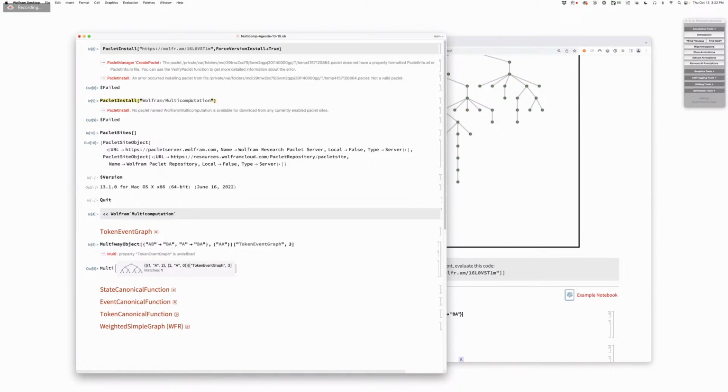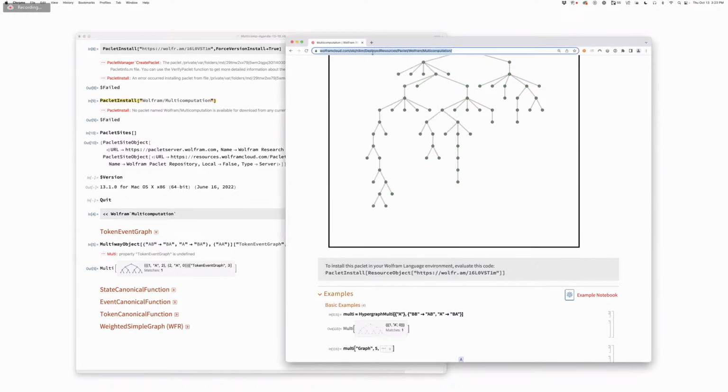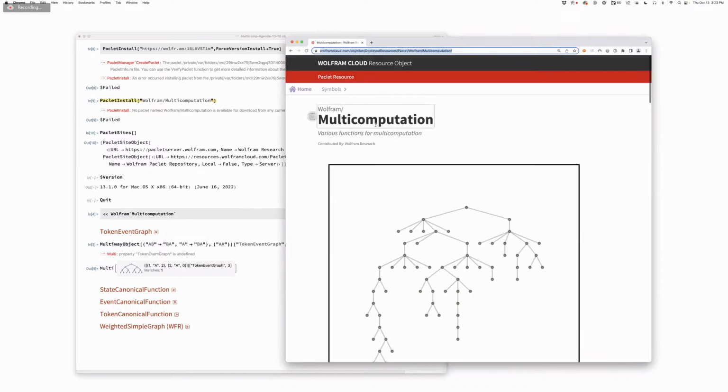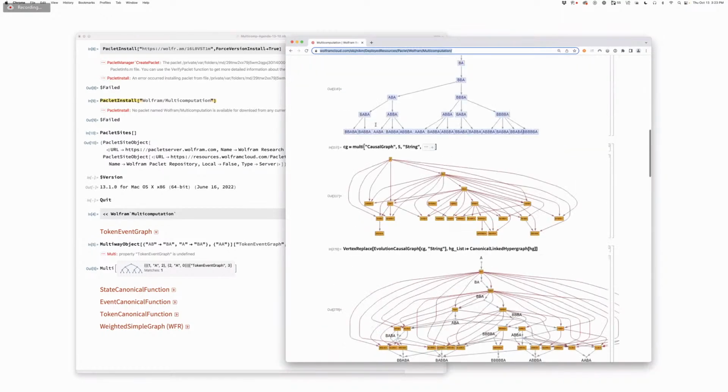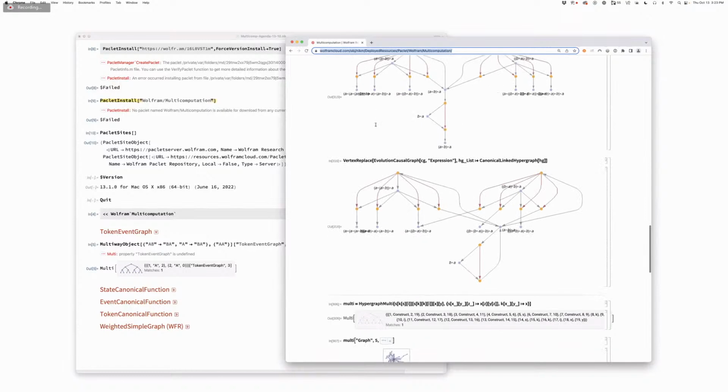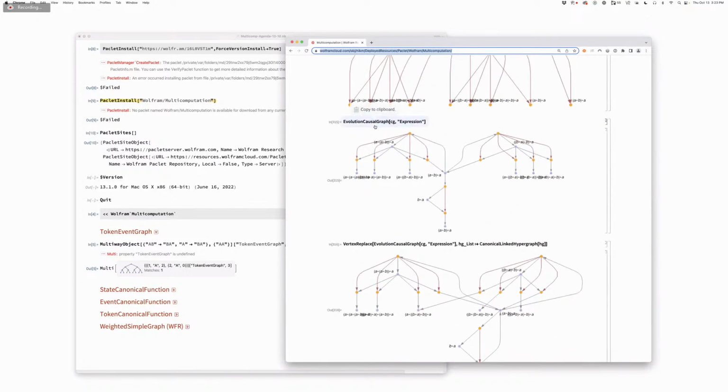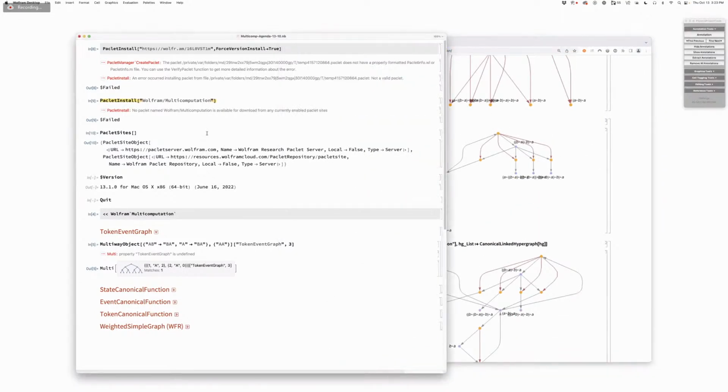Well, what the heck's going on? I can find it here, but what happens if I just try and install? Oh, I see. It's got to be the packlet. Oh, come on. We should be able to deal with this. Is verified packlet to get more information.